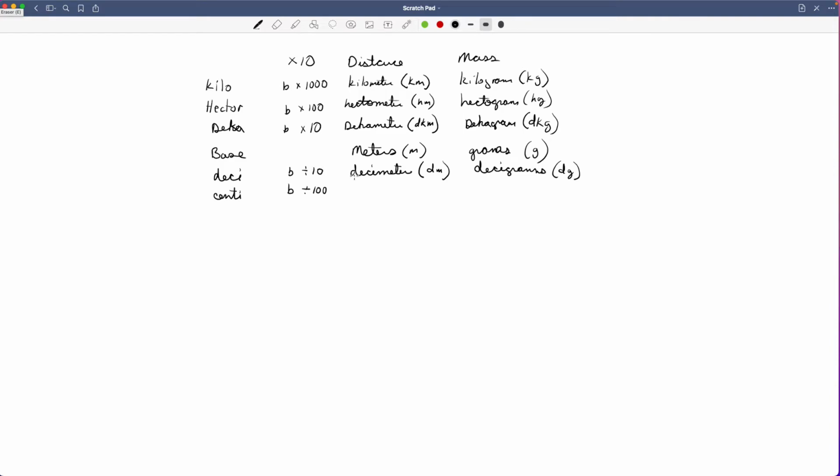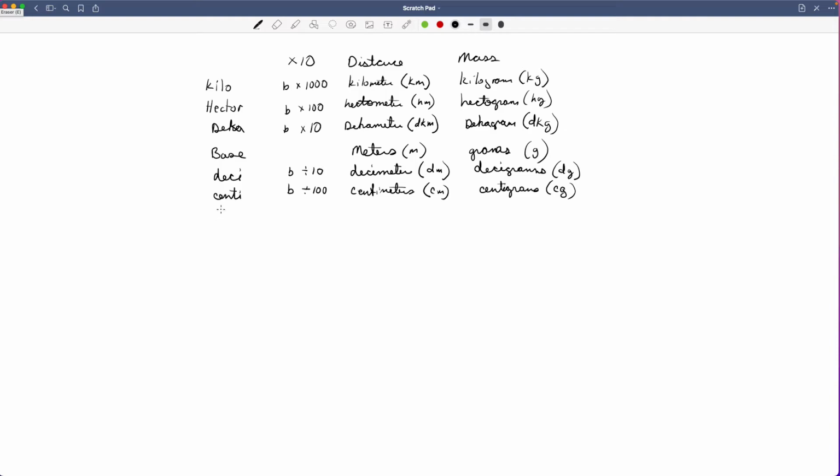So 10 decimeters is 1 meter. 100 centimeters is 1 meter. And likewise, 10 centimeters is 1 decimeter, right? Okay, and then centigrams. 100 centigrams is 1 gram.